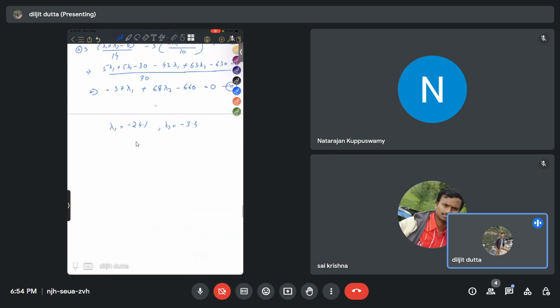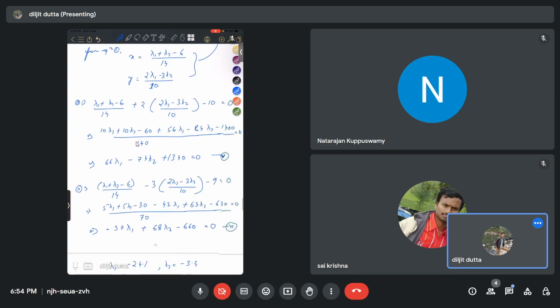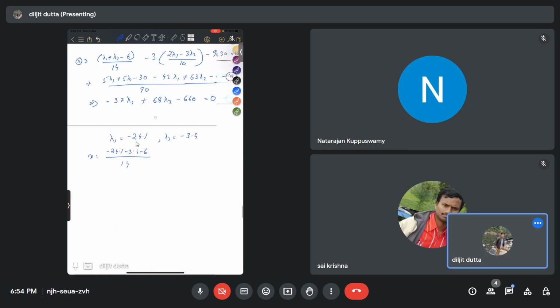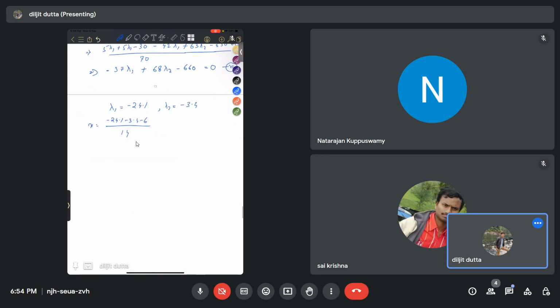So we can obtain x and y. x will be what? Minus 24.1 minus 3.4 minus 6 by 40, which is minus 2.39.